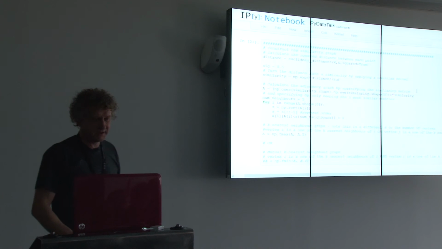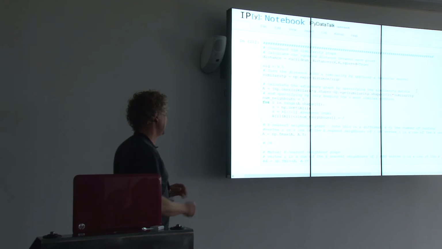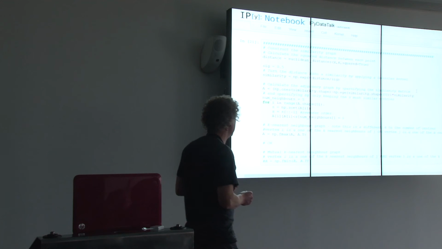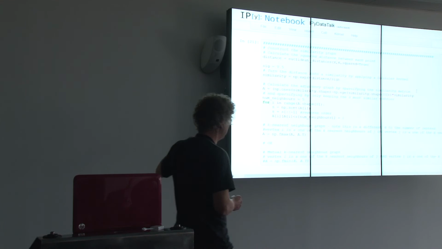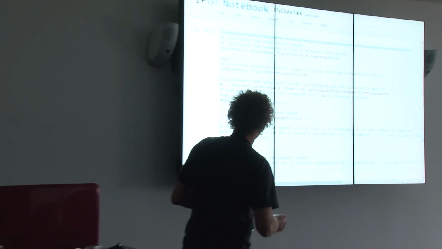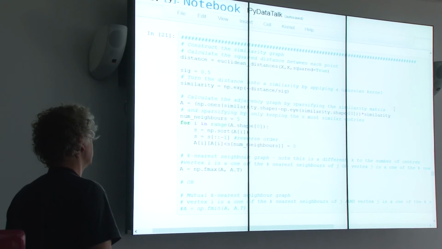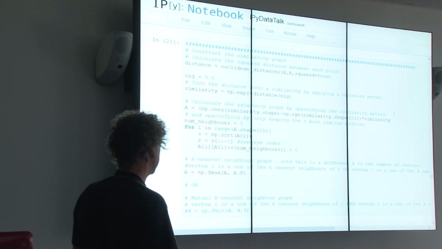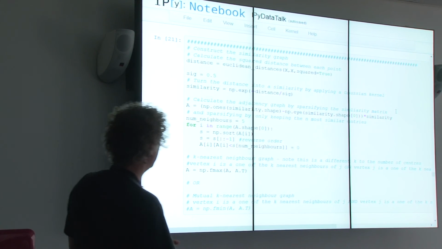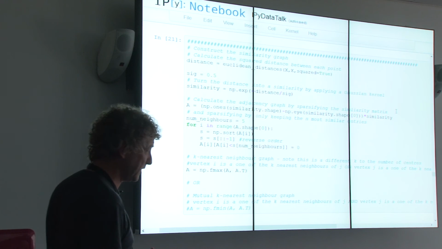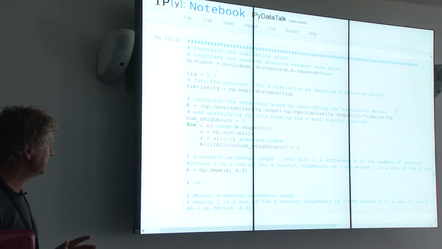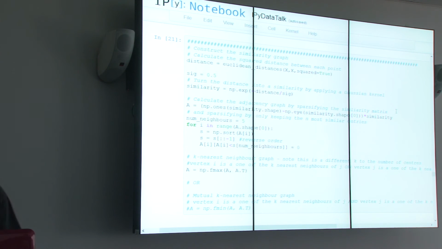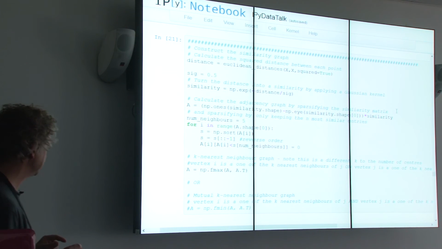So you start with a distance matrix if we're working in a Euclidean space. We turn that into a similarity matrix by passing it through a Gaussian kernel. Then we calculate the adjacency matrix. This is a sparse version of the similarity matrix where we zero out some of the values to keep only the strongest links.